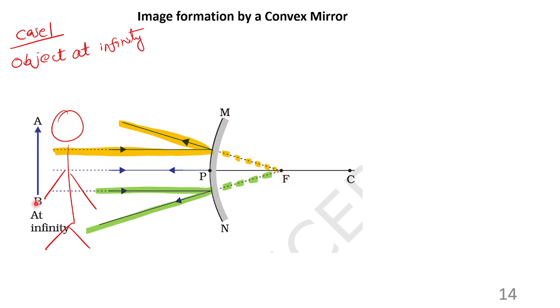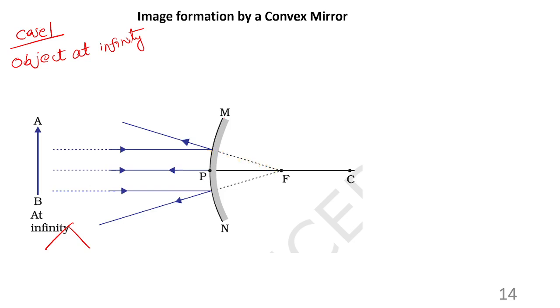There is a big tree here, but we get a point-like, smaller tree. So my conclusion for case one is: if the object is at infinity, what are the properties of the image? The image is at F.